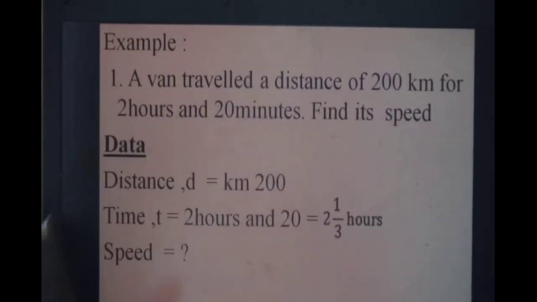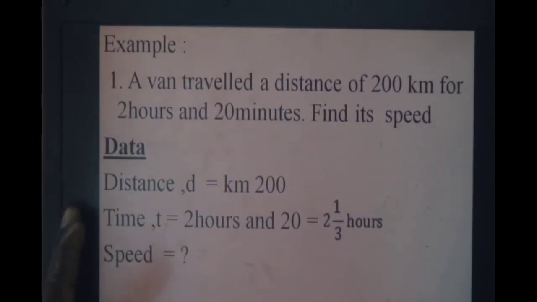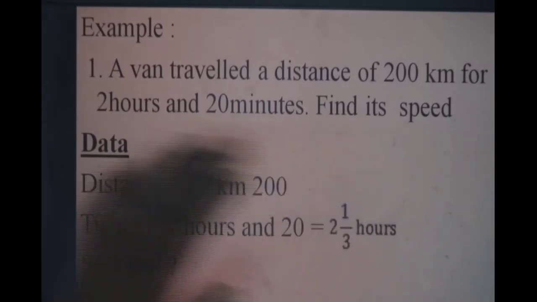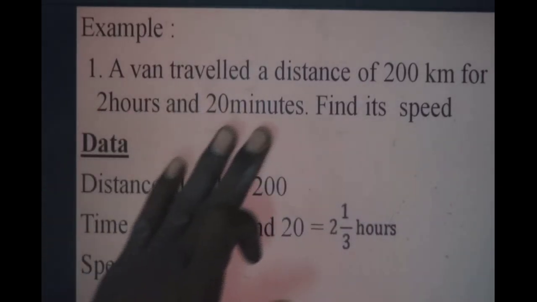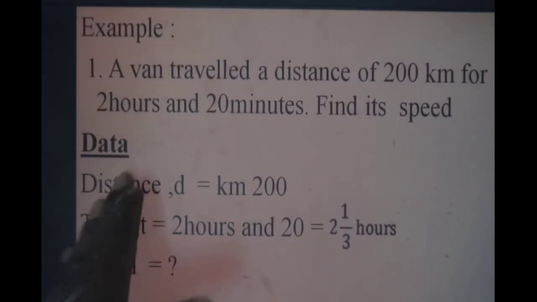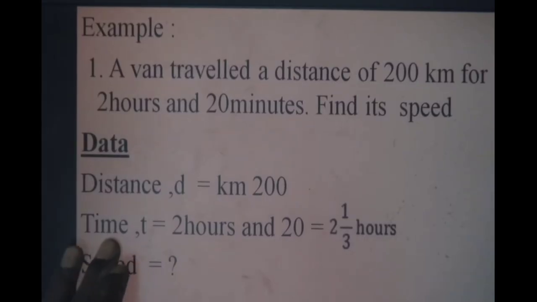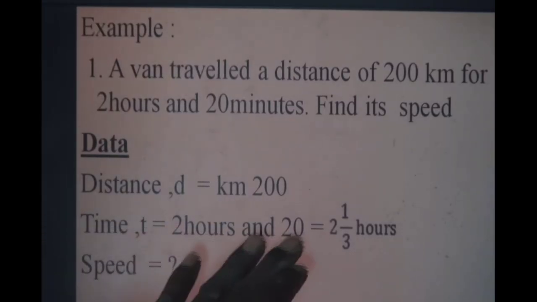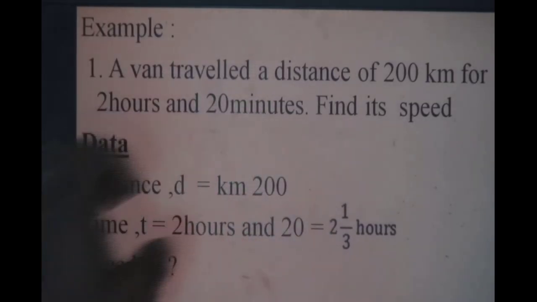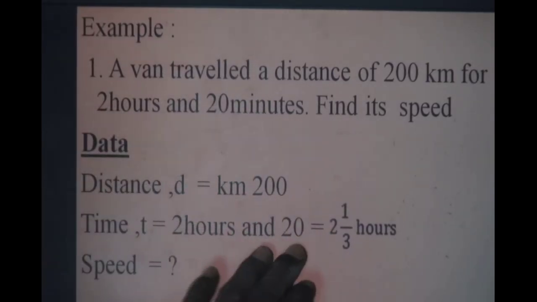Find its speed. From the question, we have distance and we have time, but the time is given in hours and minutes. You have to put them in one unit, so we convert these minutes into hours.